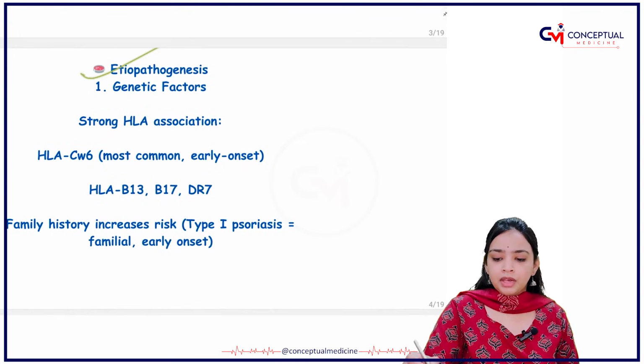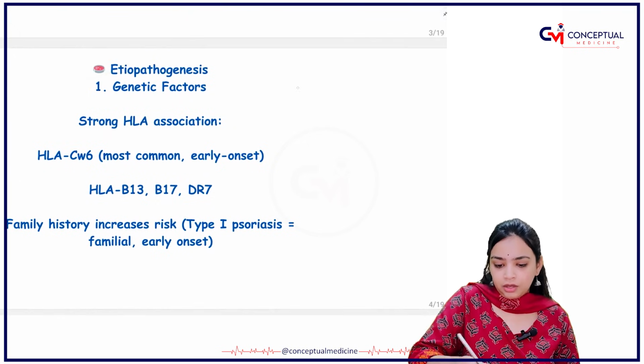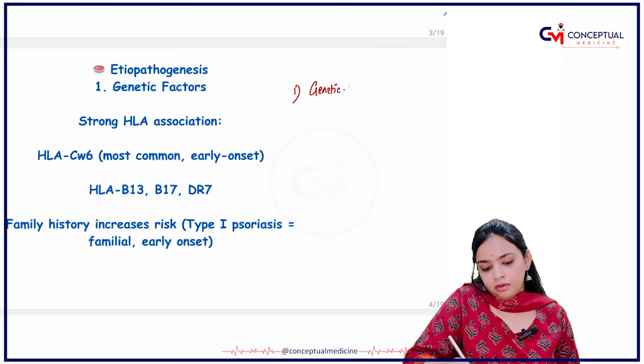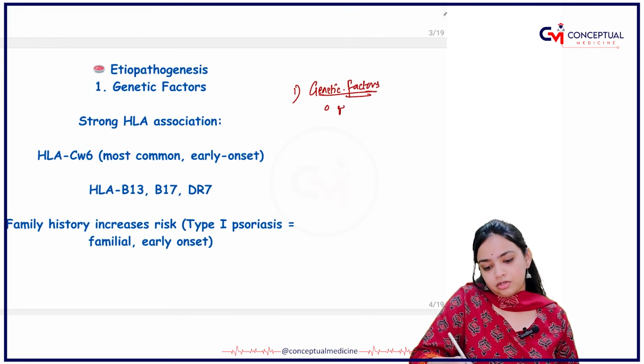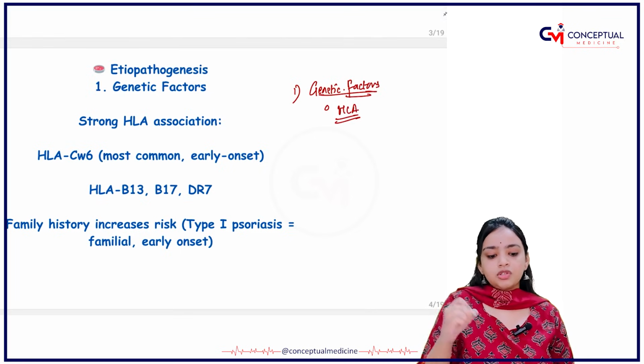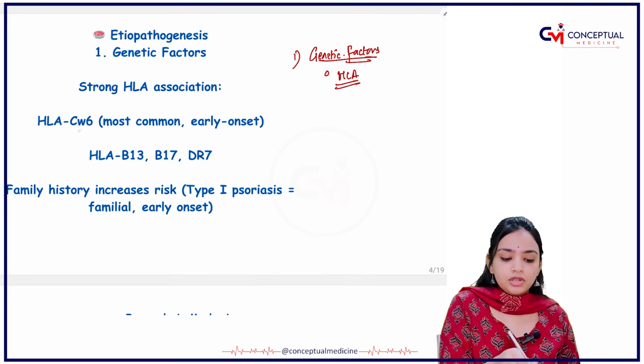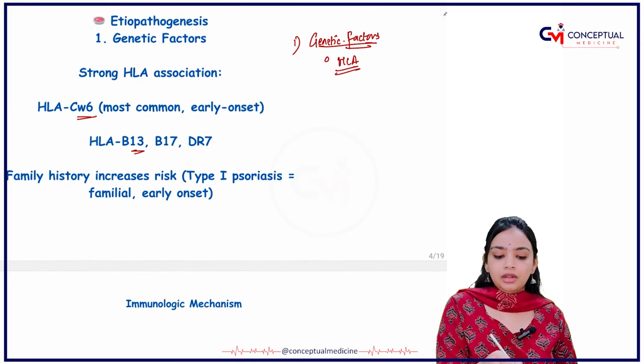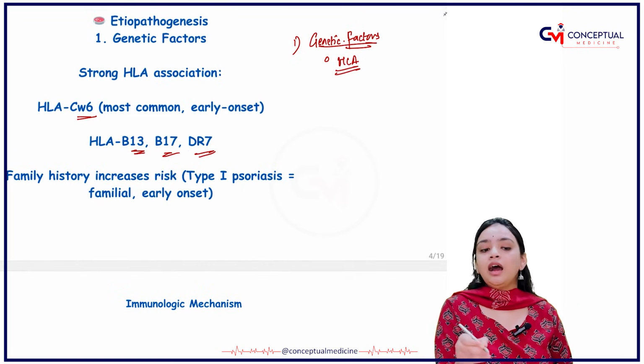If I talk about the etiopathogenesis, the first thing is genetic factors. In genetic factors, the first is the HLA association. It is associated with HLA-Cw6, which is the most common and early onset, and HLA-B13, B17 and DR7.